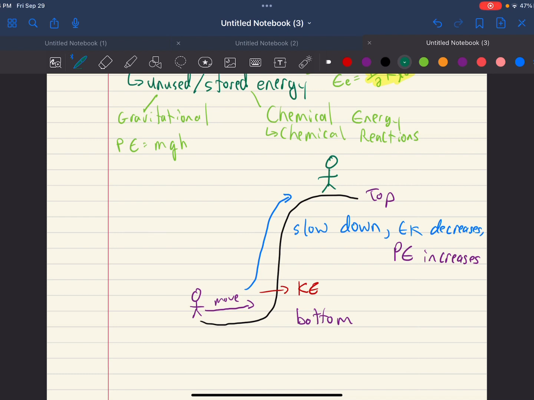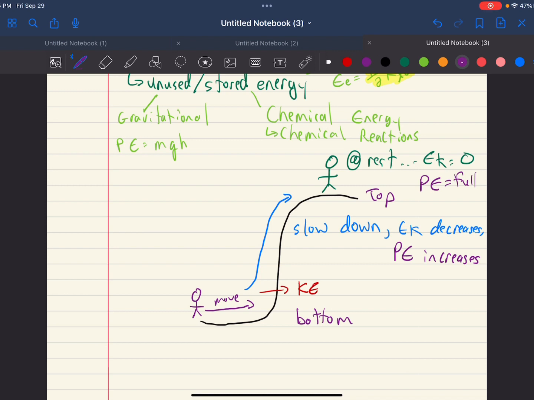What happens when we get to the top of the hill? Well, that's where we rest, right? So I'm going to write at rest, which means that our KE is 0, but our PE, potential energy, is full or at max value.